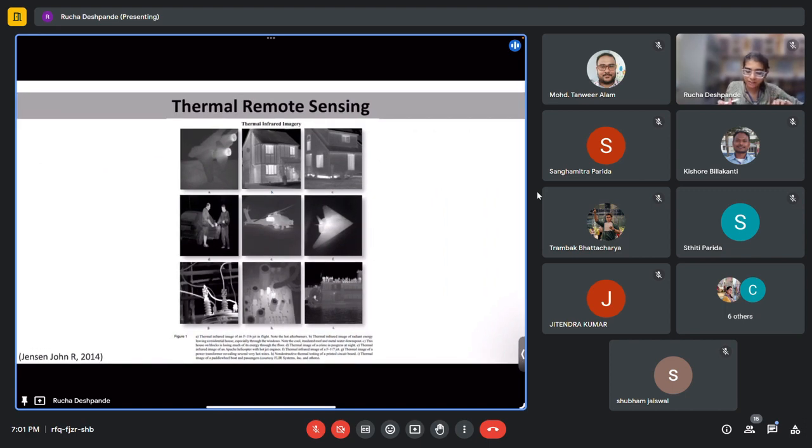Okay, so we'll start with thermal remote sensing. So we know that any object above 0 degree Kelvin emits electromagnetic radiation.